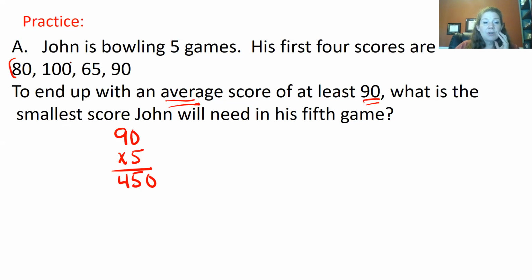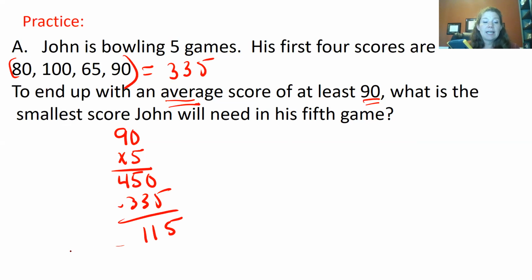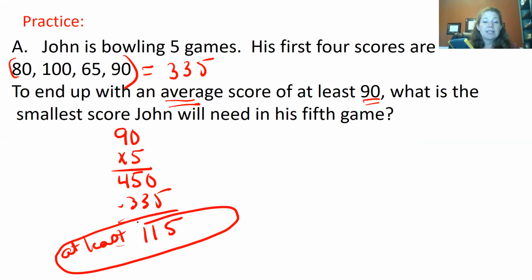He's already earned 335 points. He needs 450 points. So that means he still needs at least 115 more points. At least 115 points on his last game. That's what his score needs to be.